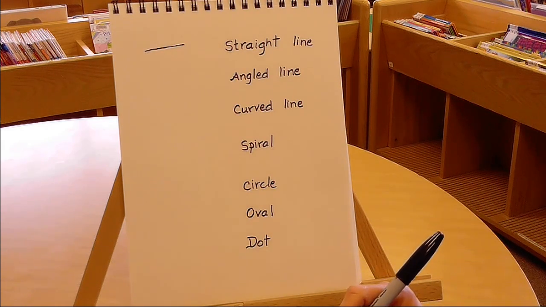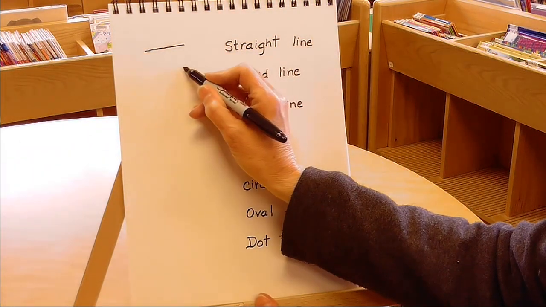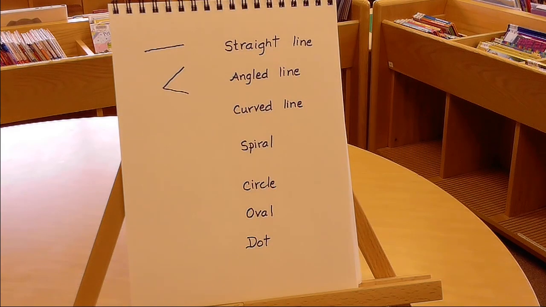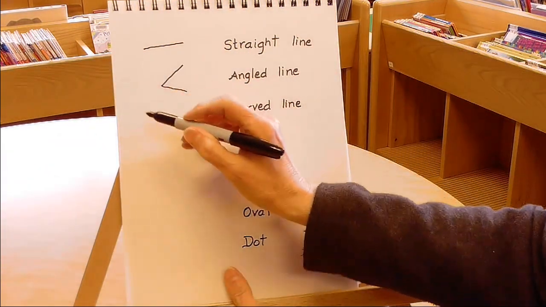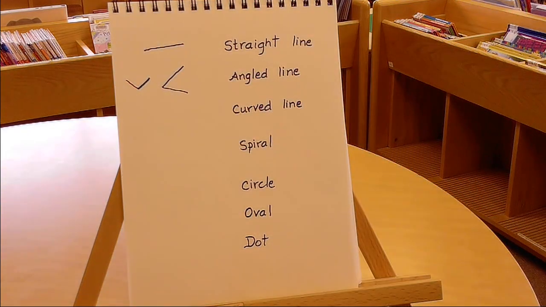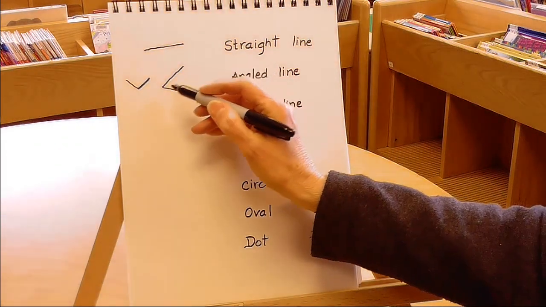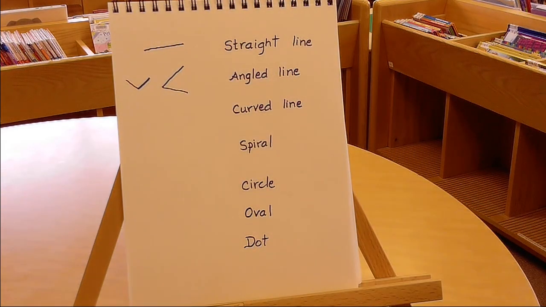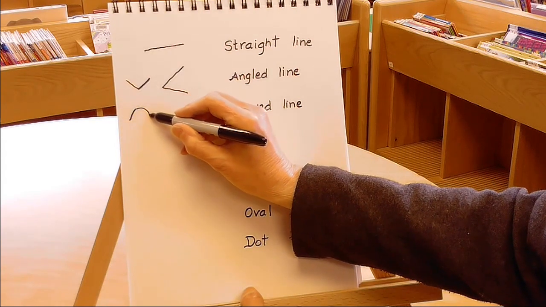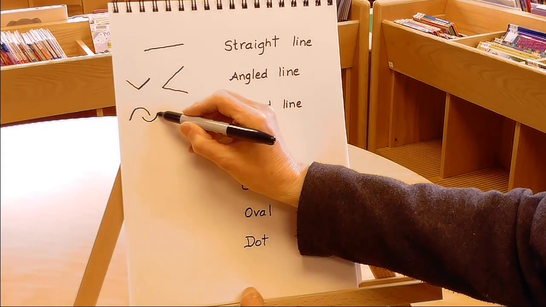An angled line is going to be two straight lines that come together in an angle. Now you could have a skinny angle, you could have a wide open angle, whatever you need, but it is going to have a place where two lines come together. A curved line can be just like that or like that.